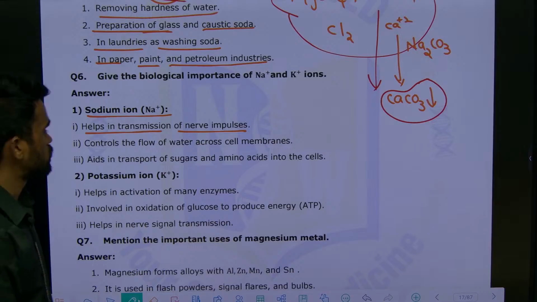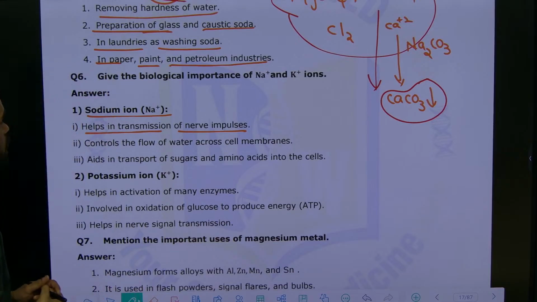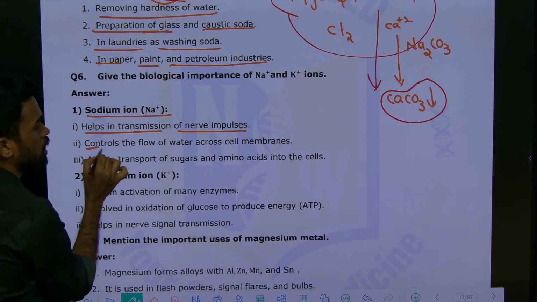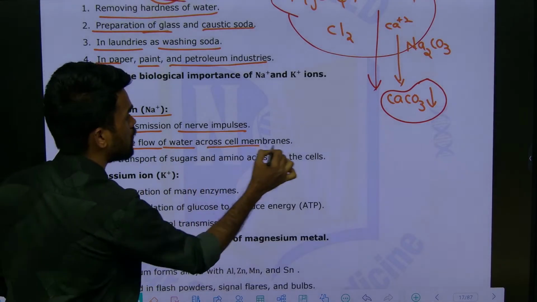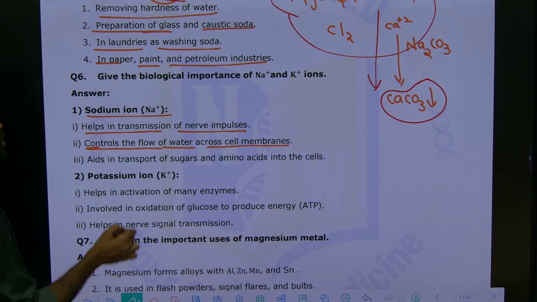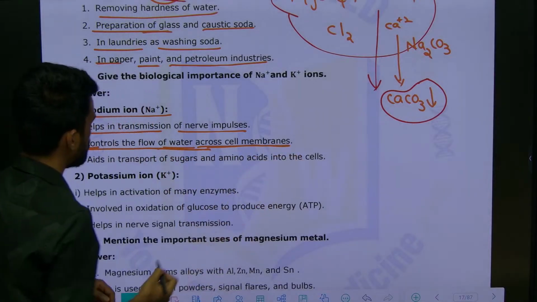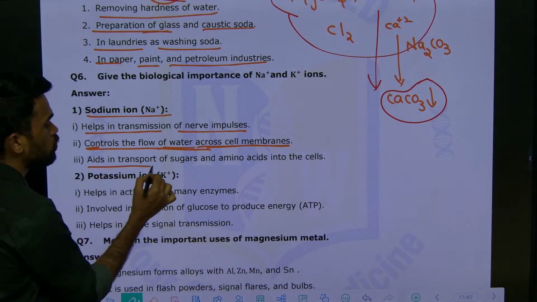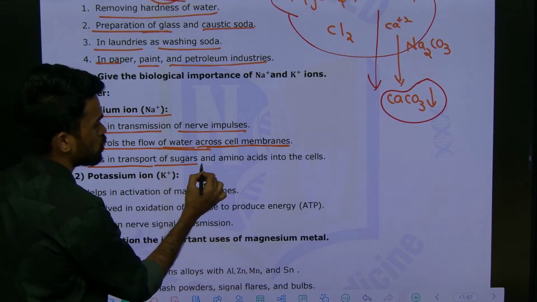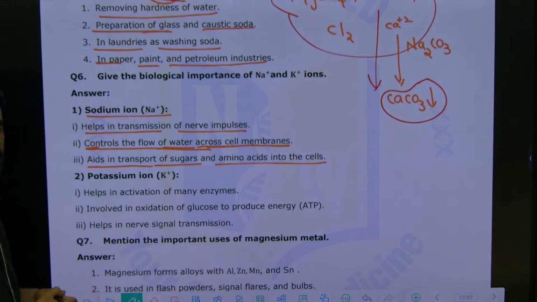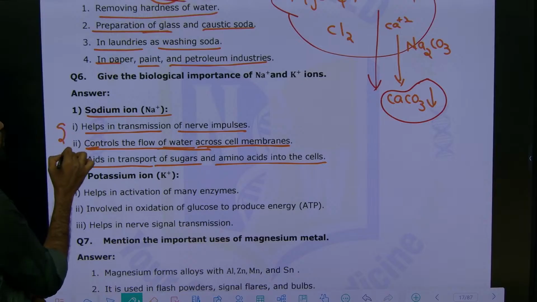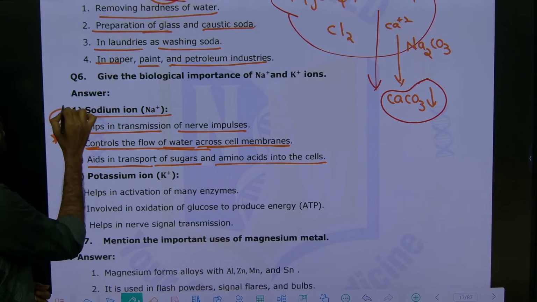So signaling and nerve impulses here, and it controls the flow of water across the cell membrane. And it aids in transport of sugars and amino acids into the cells. So these are the 3 important applications of sodium ion.